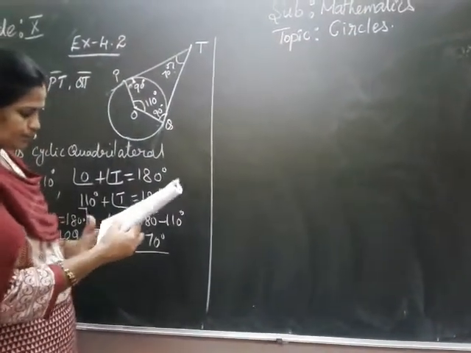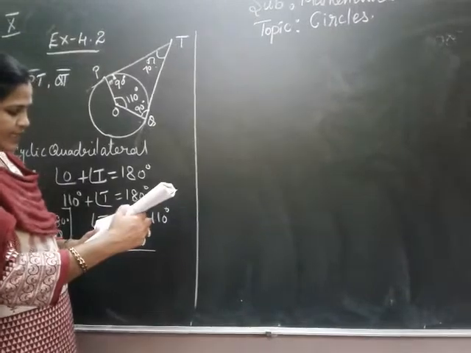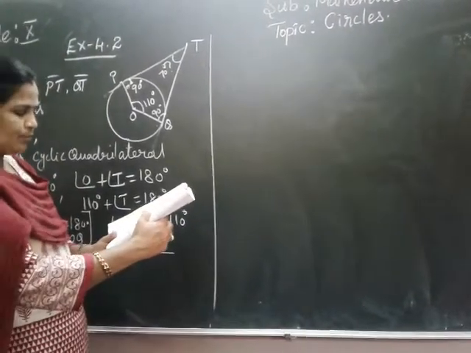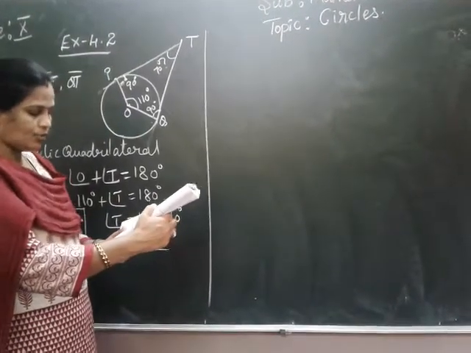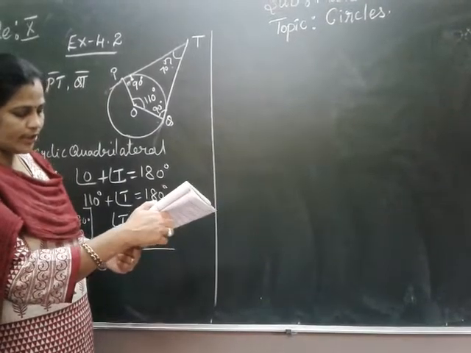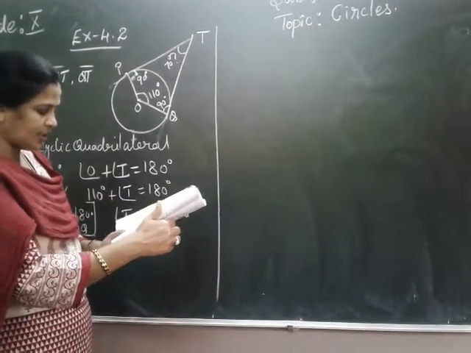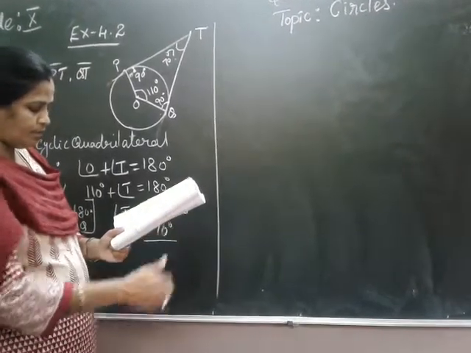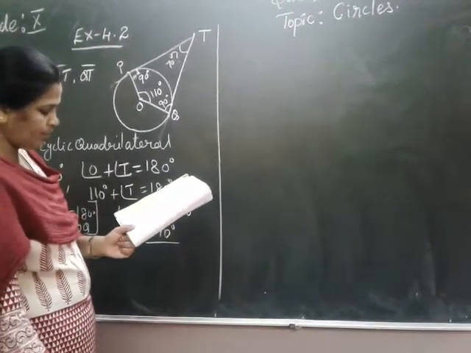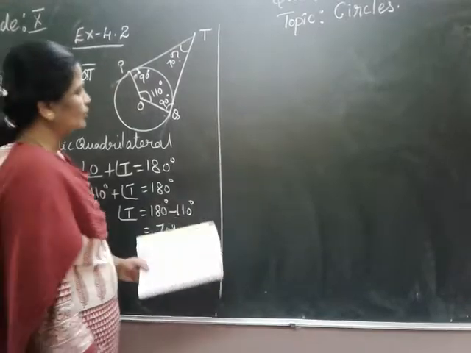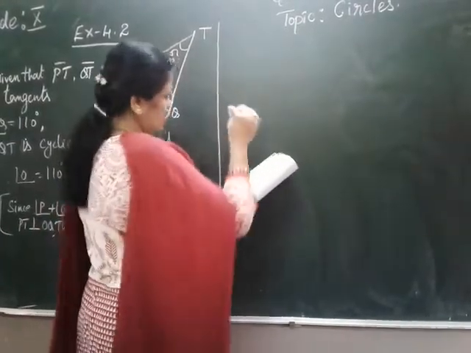This is also, if the tangents PA and PB from a point P to a circle with center O are inclined to each other at an angle of 80 degrees, then we want to find angle POA. So this is the figure they have given.